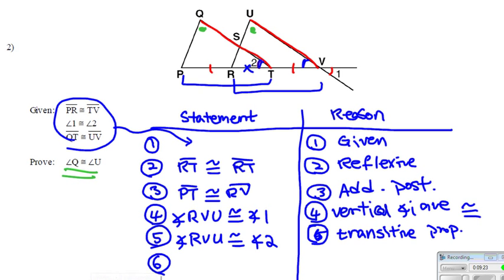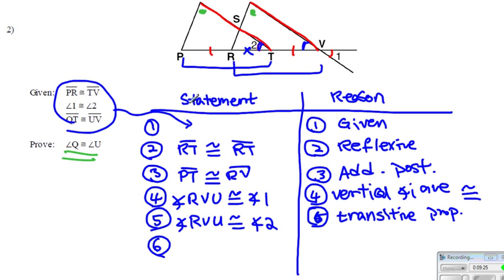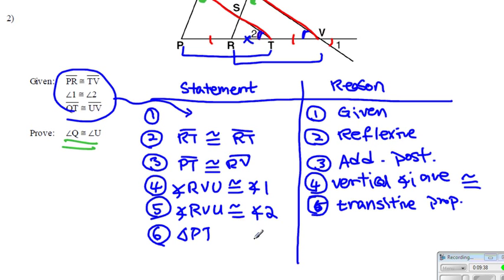Number 6. Now, since we have written down all the necessary conditions, one side, the angle between them, and the other side, now we can say triangle PTQ must be congruent to triangle RVU.